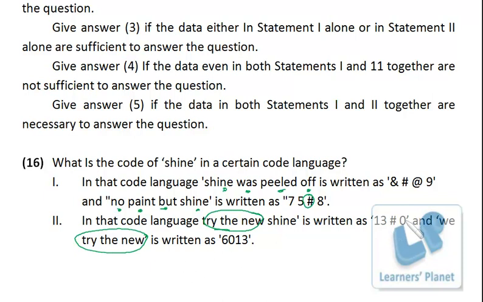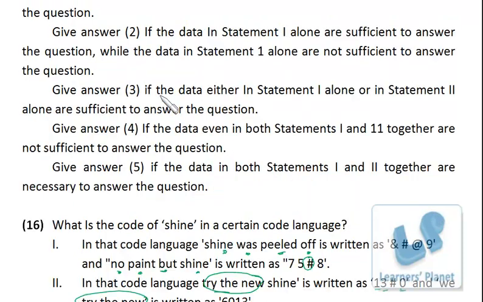So we have 0, 1 and 3. Apart from 0, 1 and 3, we just have the number sign, which must be the code of shine. So this statement alone is also sufficient to answer the question. Both the statements are individually sufficient to answer the question.